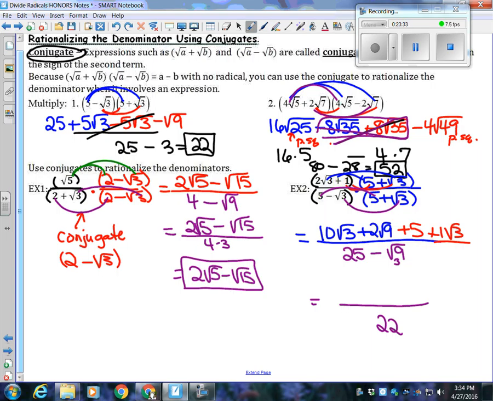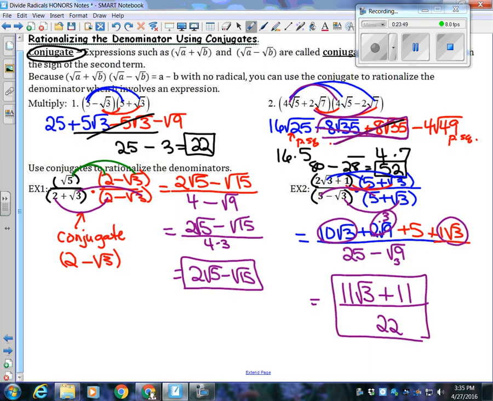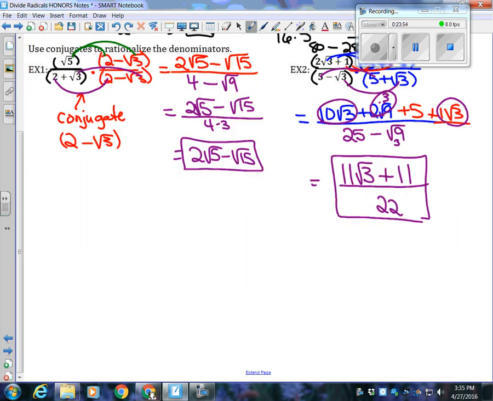We want to make sure we add like terms. So 10 root 3 and 1 root 3 is 11 square roots of 3. Then this becomes a 3, and 2 times 3 is 6. 6 plus 5 is 11. I can actually simplify that just a little bit. This is the common denominator, which means it goes here and here.